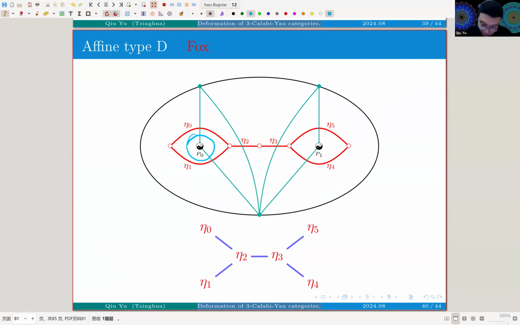No, because when we do the flip, we modify the singularity. So we add some extra stratum to the space so that we kill some loops in the space. That's why the fundamental group of the moduli space changes from, say, type C to type B to type D, because we kill some loops. Yeah, that's the idea.